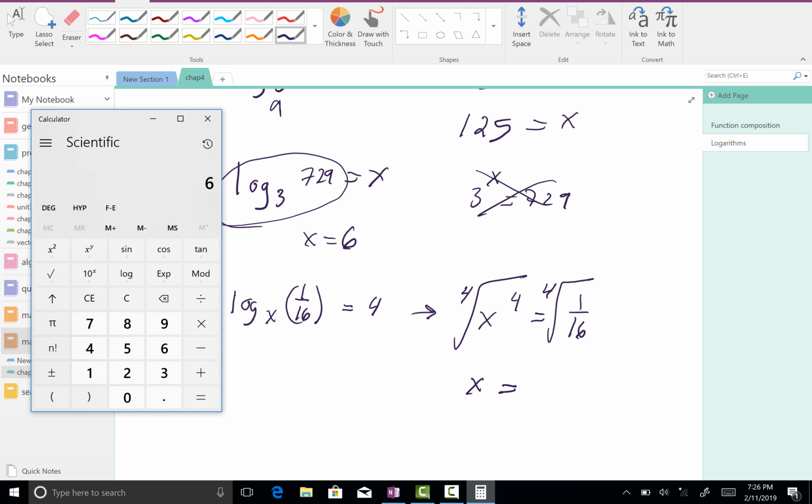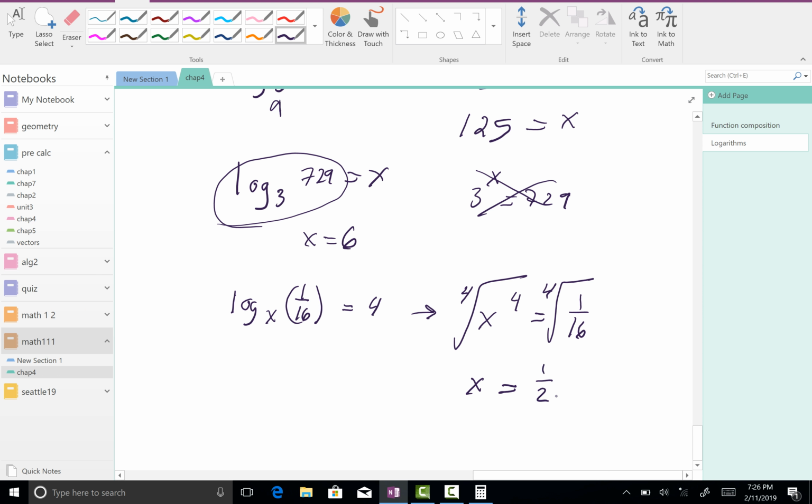Yours is going to be way easier than mine's going to be on this. Let's see. So 1 divided by 16 to the 1/4 power, and I get 0.5, I think it is. Okay, or 1/2.